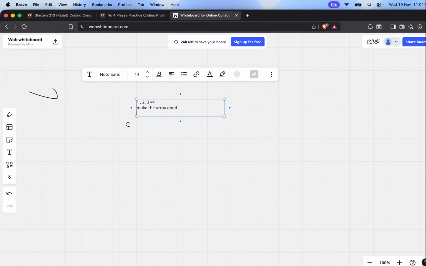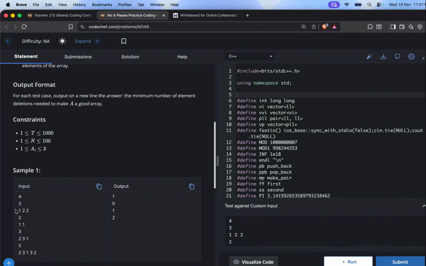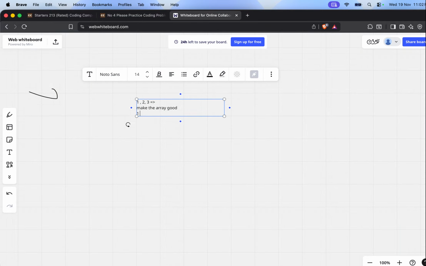A good array is one in which no two elements sum up to 4. Let's understand with a test case: the elements 1, 2, 2. The element at index 2 is 2, and at index 3 is 2. If we sum both of them, the sum is equal to 4. So this is not a good array.